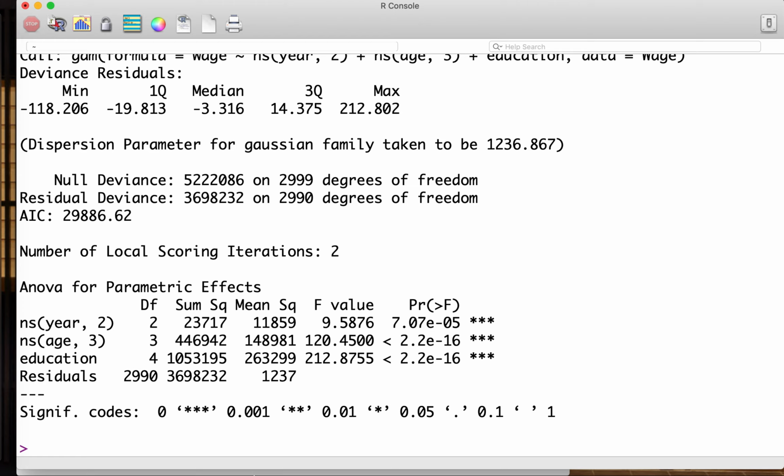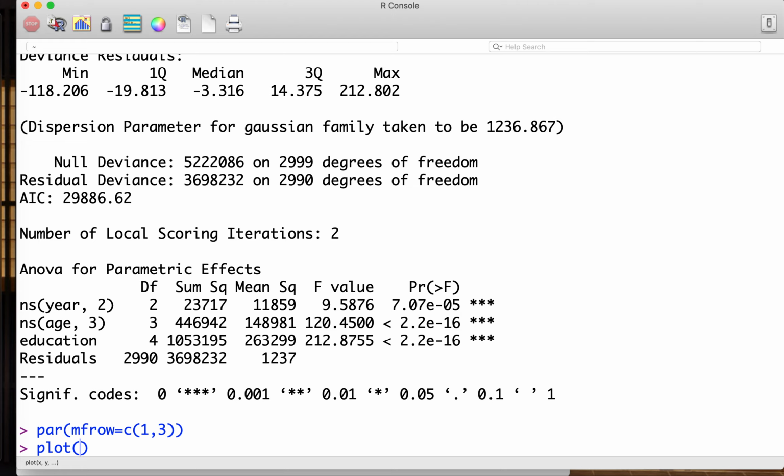Now we want to see the graph of f1 of x1, the function of year, the function of age and the function of education. We want to see 3 graphs at the same time, so we set the parameter mfrow, multiple figures by row, equal to c(1,3), so that we have 1 row and 3 columns.